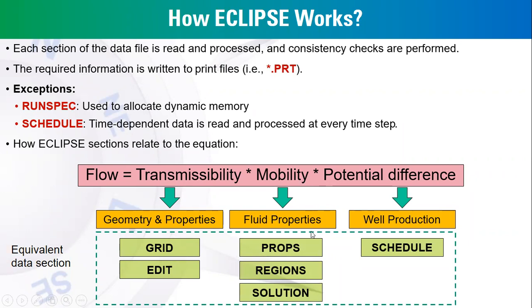For mobility, it's typically K over mu, a function of fluid properties. So we will find this in the props, region and solution sections. And for potential difference or production data, they are available in the schedule section.